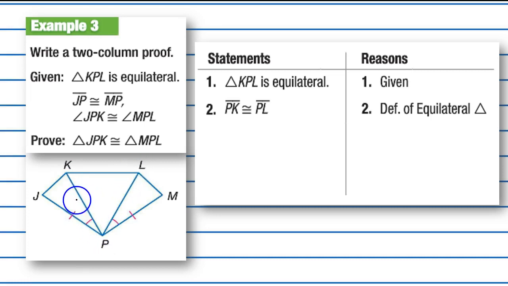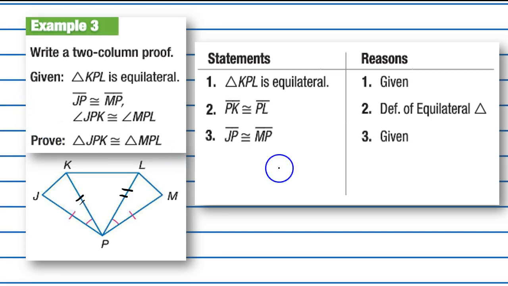Well, the reason why we can say this is because we know we have an equilateral triangle, which is our reason for it, definition of equilateral triangle. Technically, we can even say that the KL side is also congruent, but that's not going to help us. So we're not going to go ahead and mark that. But it's good to know.